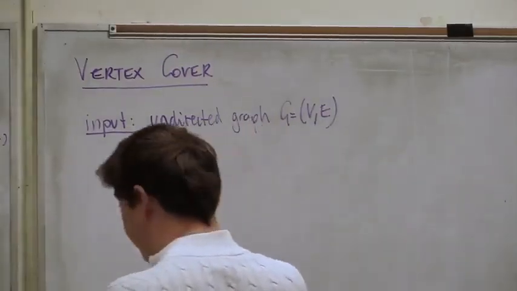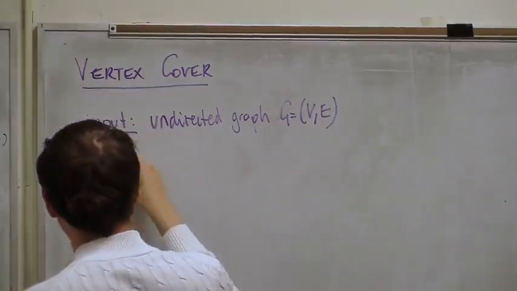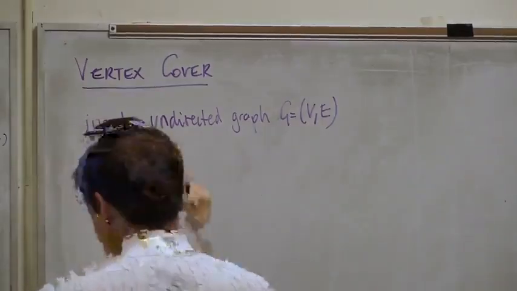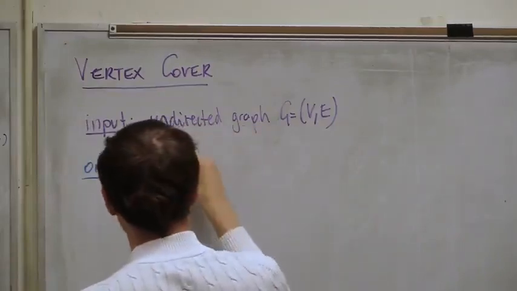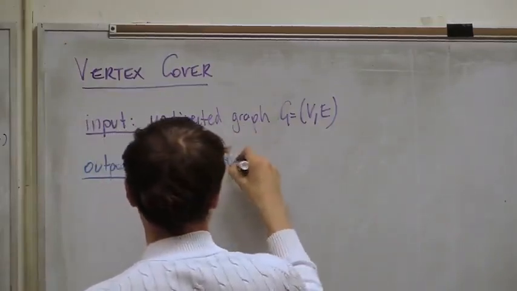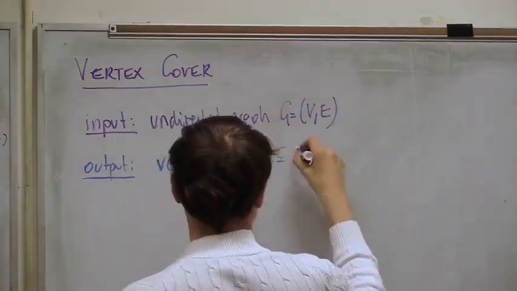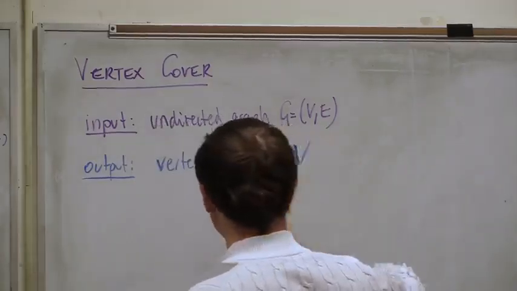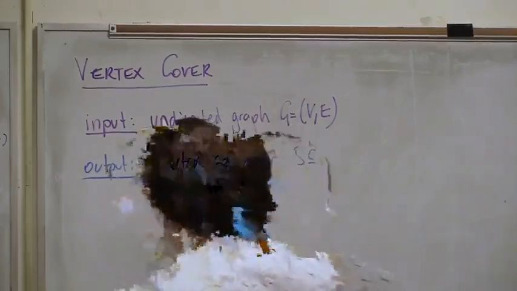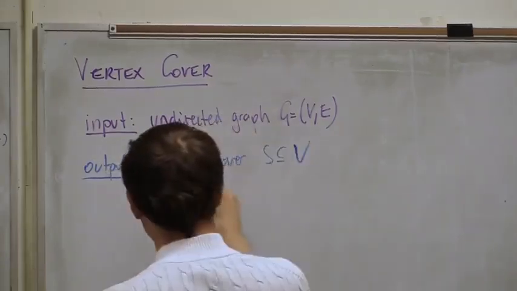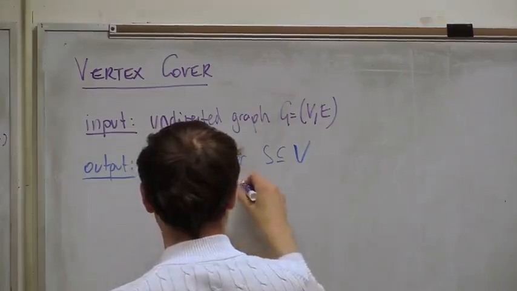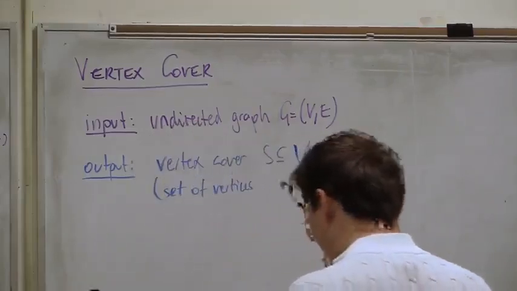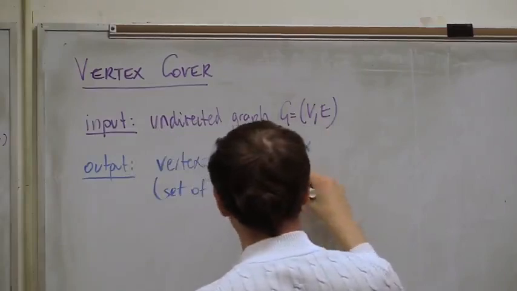So the input is an undirected graph. The output is a vertex cover S. And what is a vertex cover? It's a set of vertices that touches every edge.